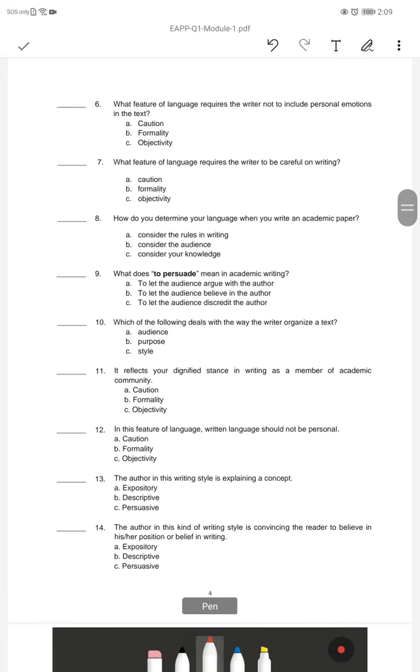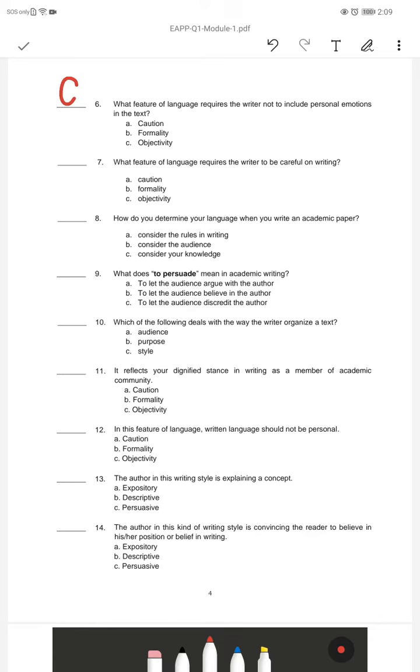What feature of language requires the writer not to include personal emotions in the text? The answer is C. Objectivity.